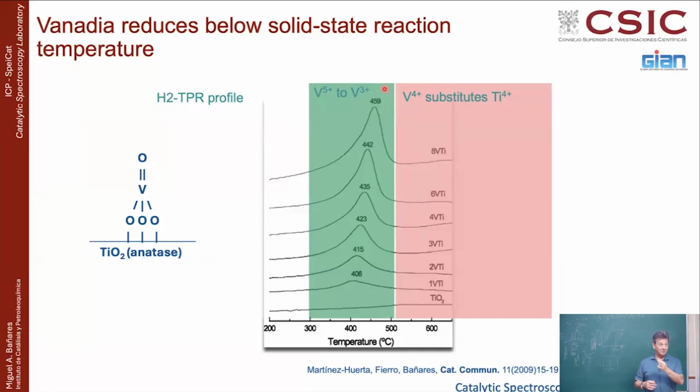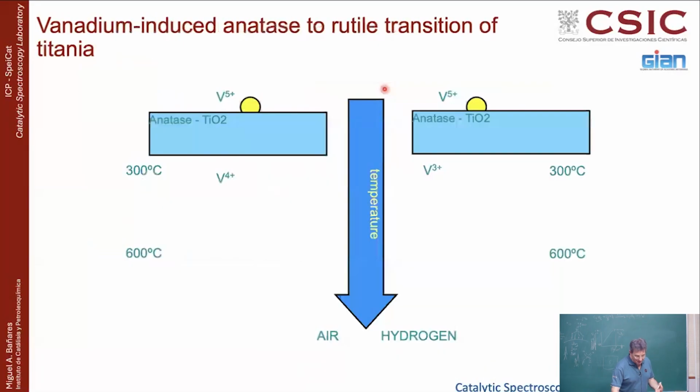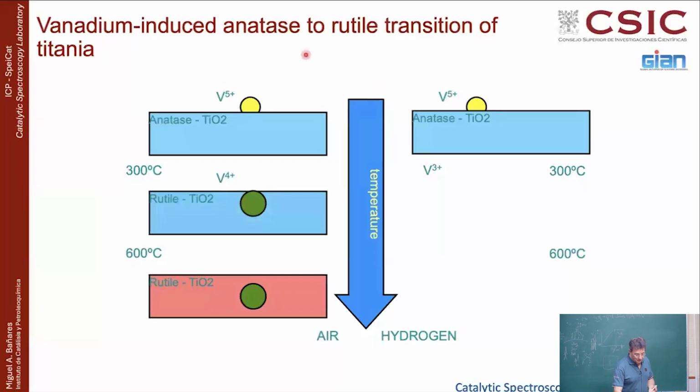And what happens with the size of vanadium when it goes from 5 plus to 4 plus to 3 plus, when we are talking about the size of this cation? Exactly. When you reduce it, it becomes bigger and bigger. So, typical conditions, if you heat in air, vanadium 5 plus goes into 4 plus, which is a little bit bigger, but just the size to replace titania. And ultimately, this will trigger a solid transition from the anatase to the rutile.